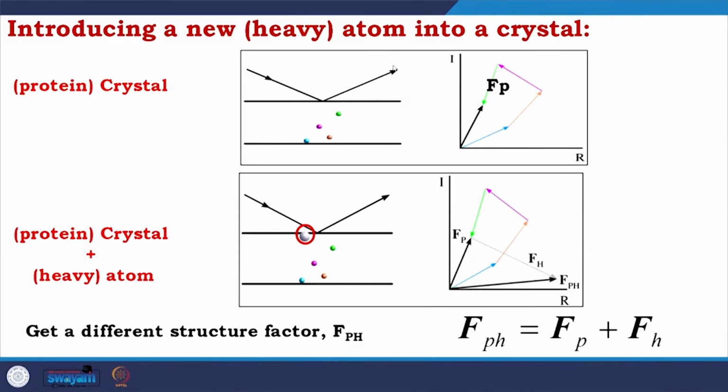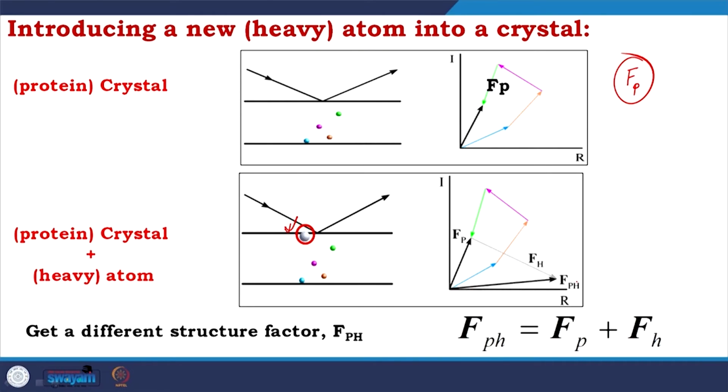You remember I talked about how there are 4 atoms that contribute, and the black vector represents the sum. So, this represents the structure factor of the protein, Fp. When you add the heavy atom, here is the heavy atom, you get Fp and you get FH.